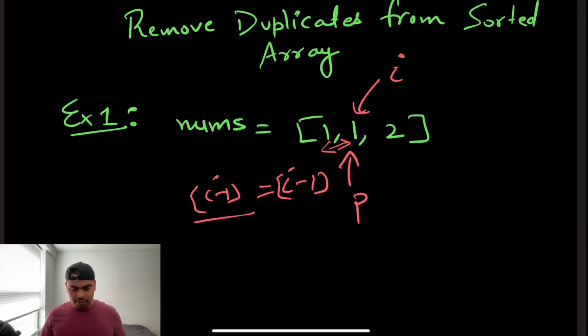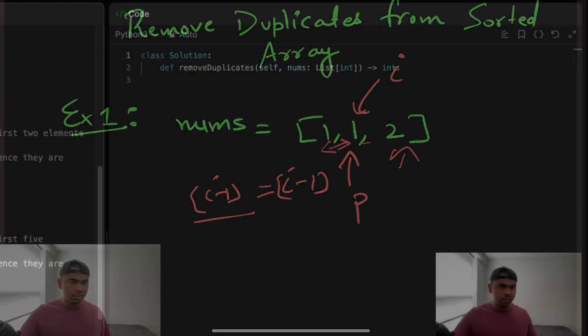If they are not equal, I will place the value over here, for example place 2 at p, and then I will return the value of p. I think it's really easy.